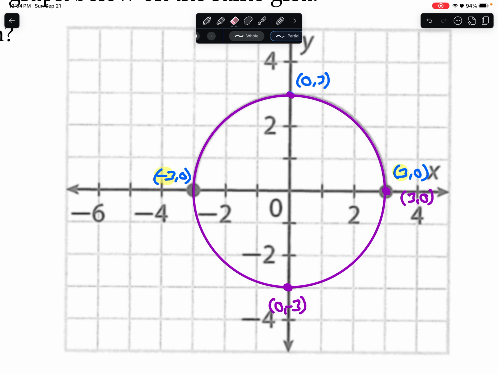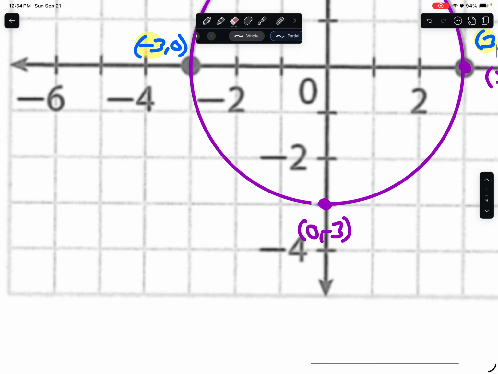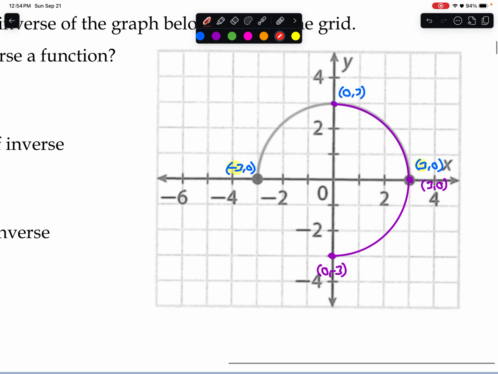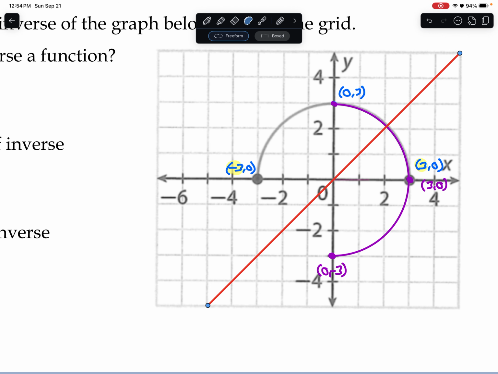Then I'm going to use my partial eraser since I just want the right side. And then get rid of that. There we go. Close enough. So when I draw my line y equals x, the grid's not exactly symmetric. So this would be y equals x. So it is a nice little reflection.